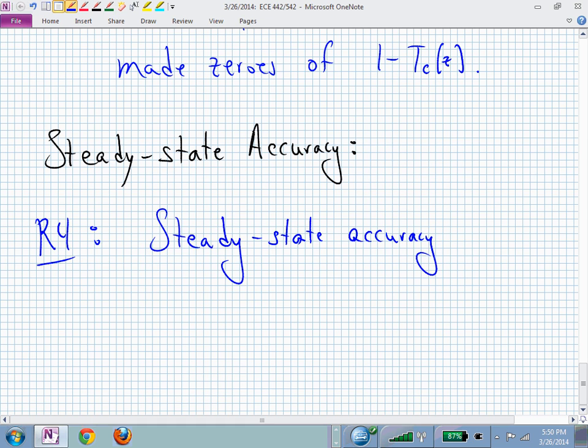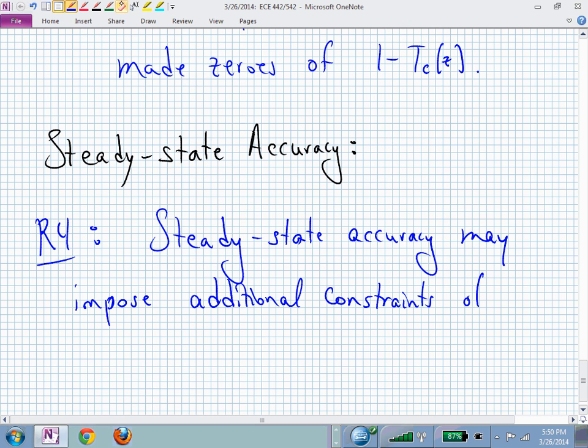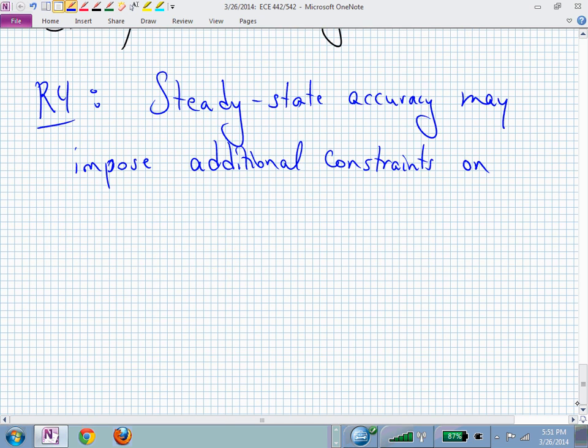what's the steady state error, for example? Steady state accuracy may impose additional constraints on your desired transfer function T sub c of z, and maybe relationships on T sub c of z as z goes to 1.